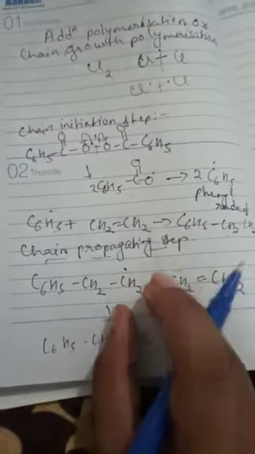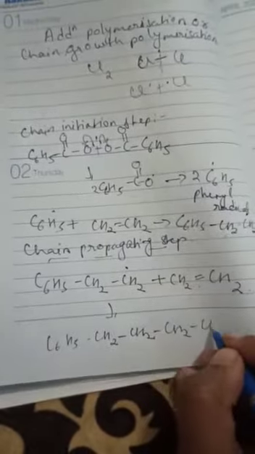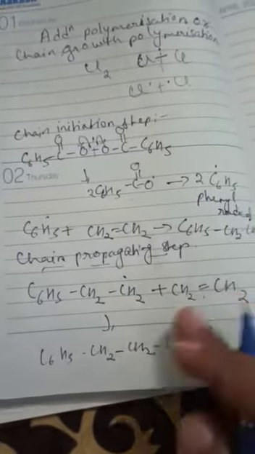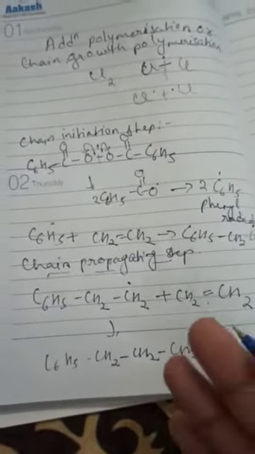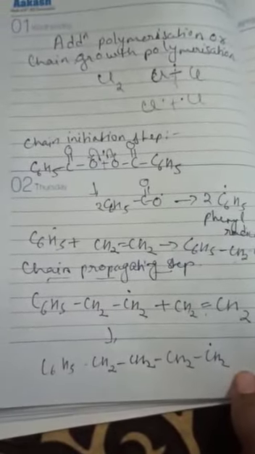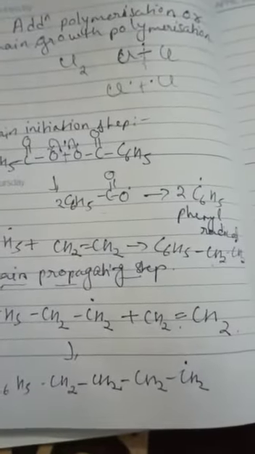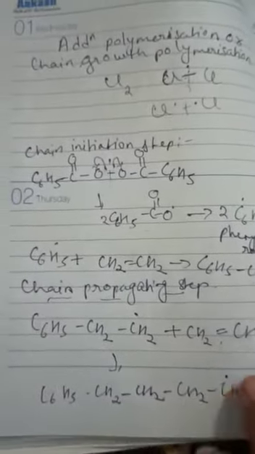Now this will add to this one, CH2CH2, again a radical. Then in the next step it will again add another molecule. This is how numerous chains will continuously form. Numerous monomers of ethene can add up and form the polymer polyethene.